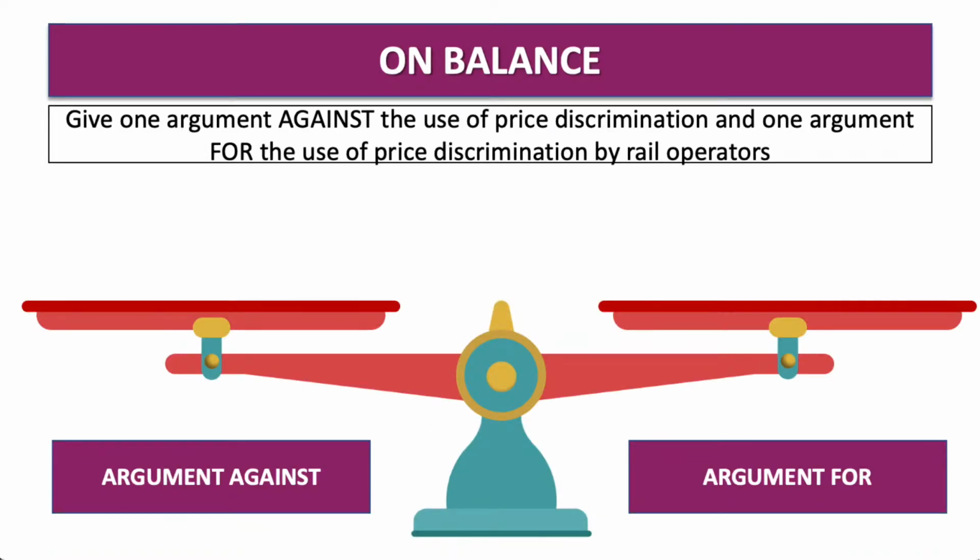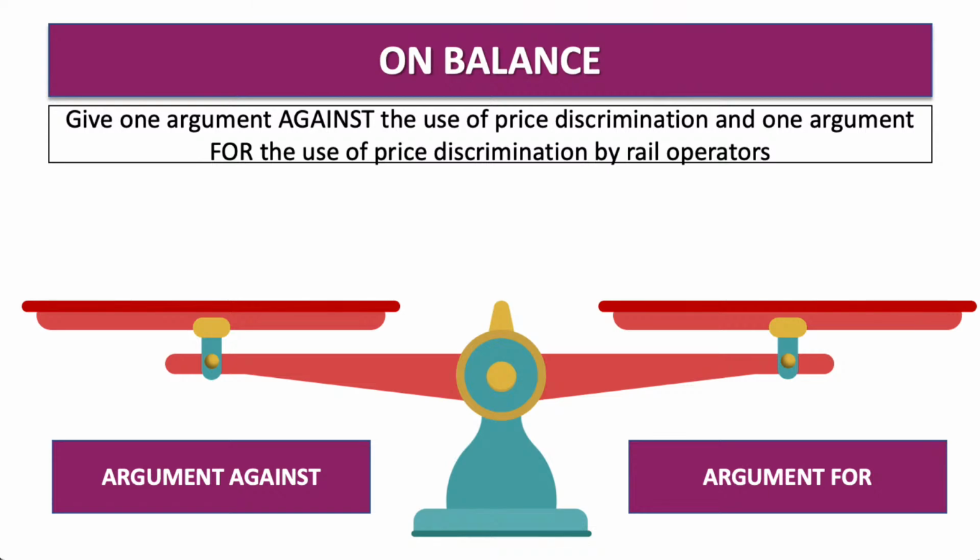Let's take you back now to Nikki for some really good work on some analysis. Right, here we go. We've got an on-balance question. So we want you to put arguments for and arguments against. Check the arguments against on the left, arguments for on the right. One argument against the use of price discrimination and one argument for, but we want you to put the answer in context. So use of price discrimination by rail operators.